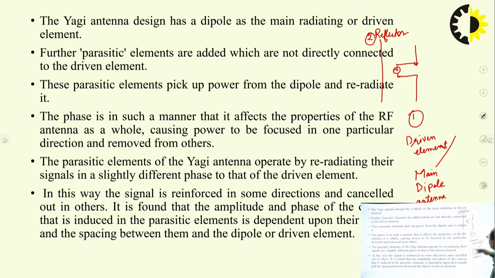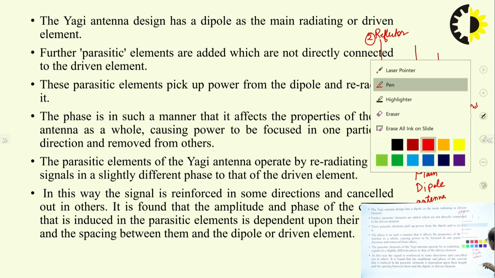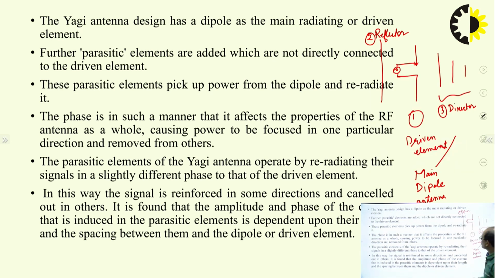The conductor which is placed in front of the dipole antenna or driven element, this third element, is known as the director. Clear?